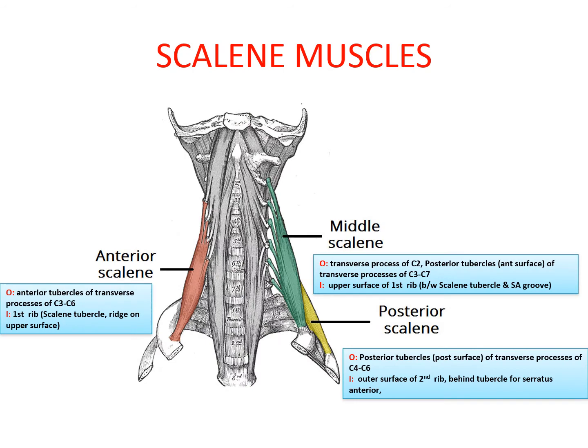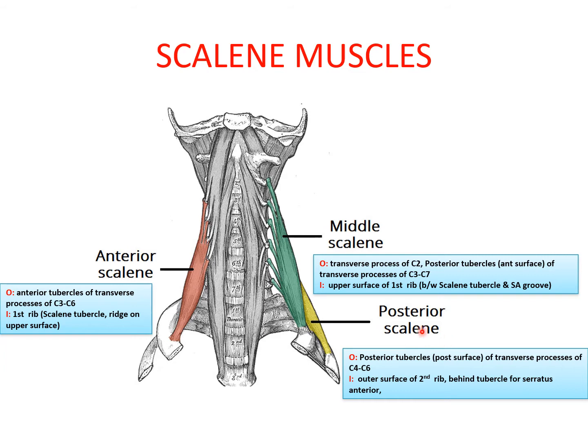Before coming to the roof of the posterior triangle, let us discuss here the 3 scalene muscles which you will see in the neck. The 3 scalene muscles are the anterior scalene muscle or scalenus anterior, middle scalene or scalenus medius and the posterior scalene or scalenus posterior muscle.